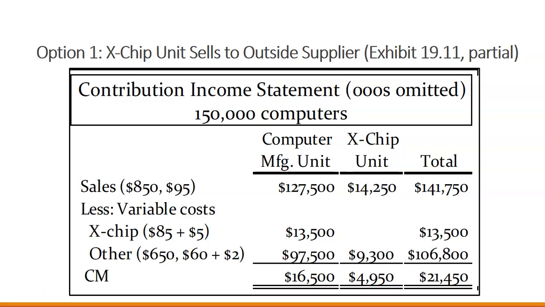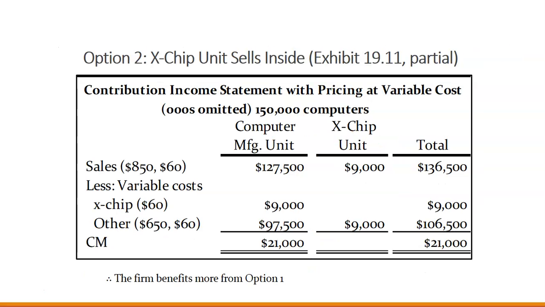So then our X chip unit has a contribution margin of $4,950. If we sell internally, the X chip unit has zero contribution margin. So this is if we're using variable costing.